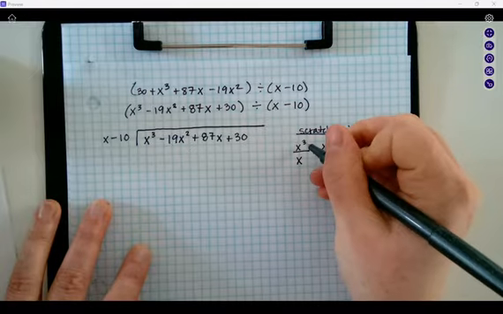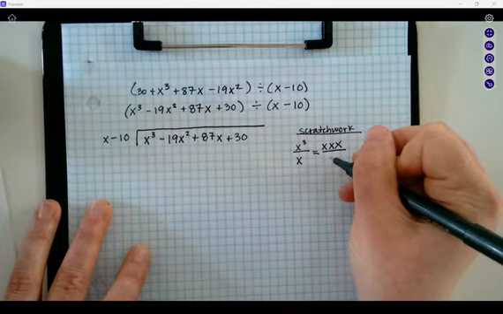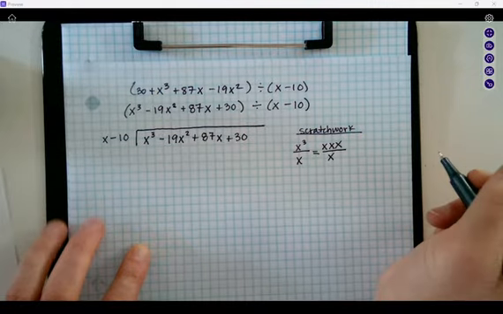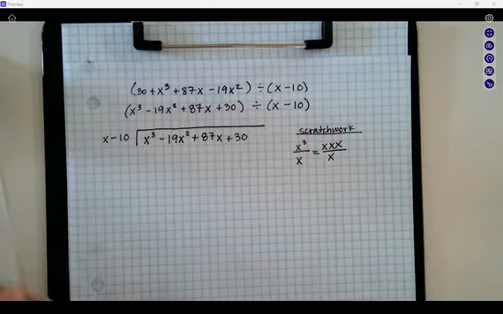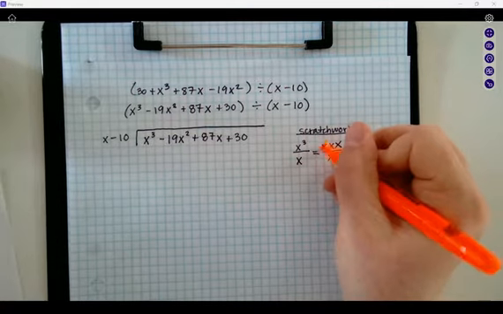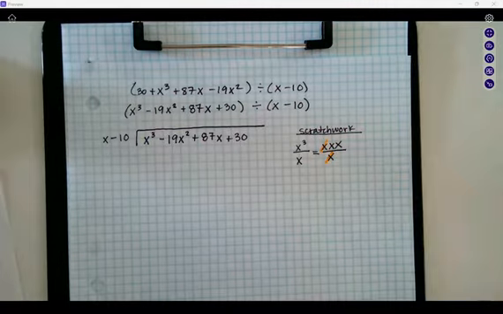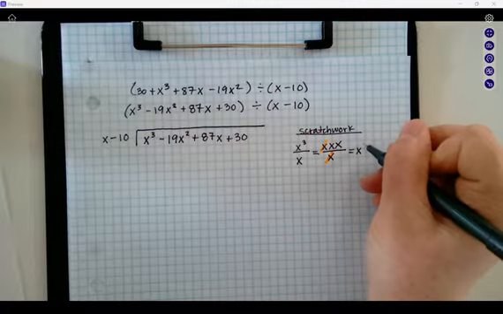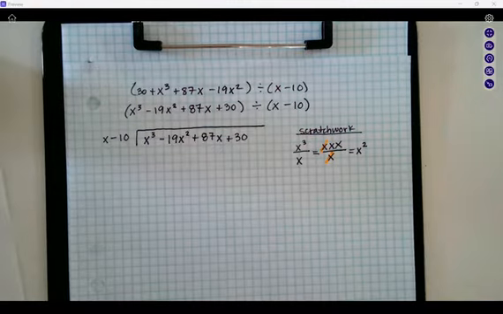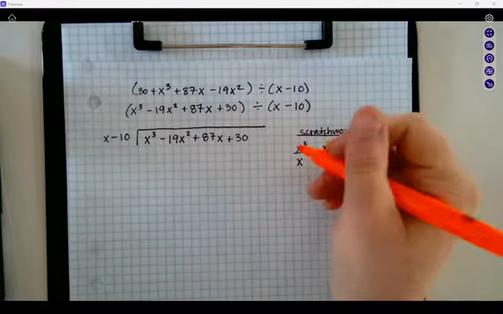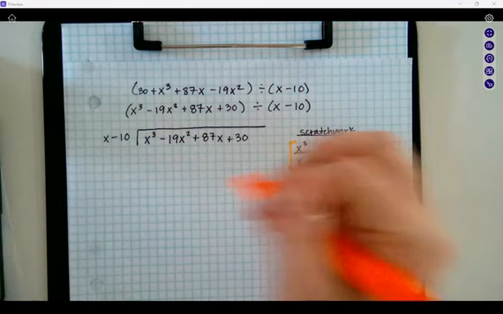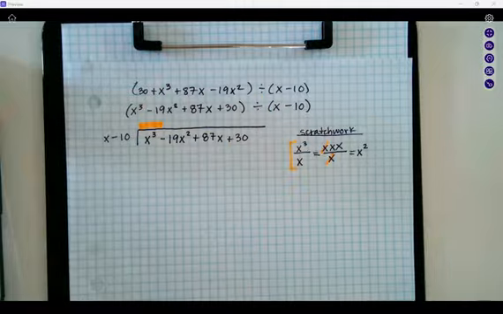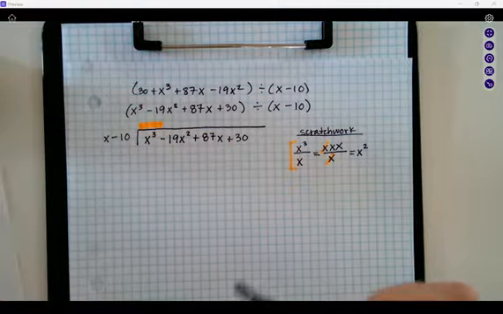So x cubed is x times x times x, divided by x. I'm going to have an x from the numerator simplify with an x from the denominator. So this is going to leave me with x squared. This x squared is going to be the first term in my quotient. Again, the quotient, that's the answer to our division problem.